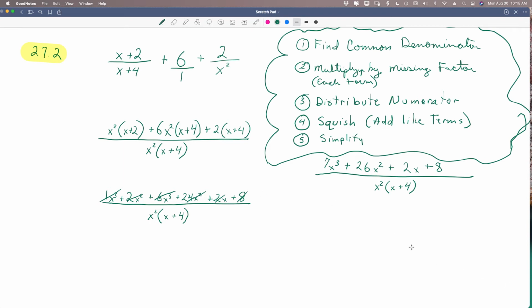All right, let's clear this page and go on to our last example problem. And that's 27.3. I'm going to write it for you so it doesn't take as long. All right, so what happens when we have an expression like this where it's extremely complicated here and it looks like that's going to be over our heads to do?